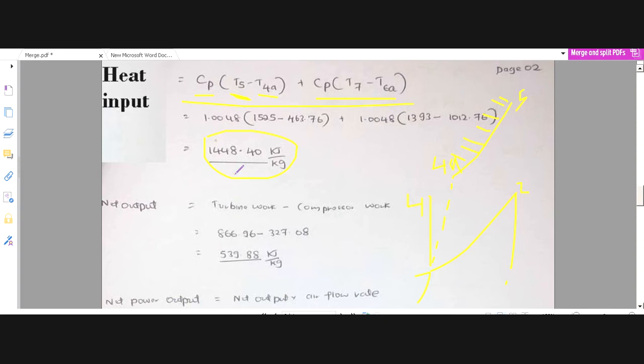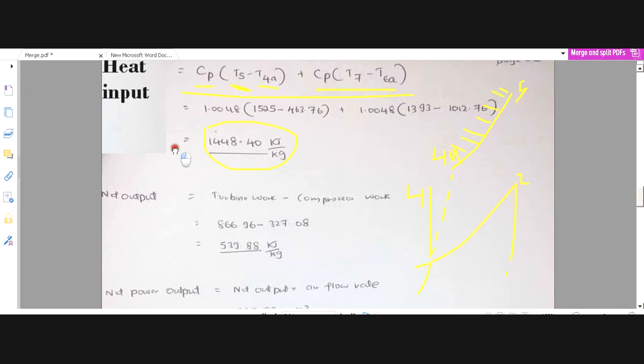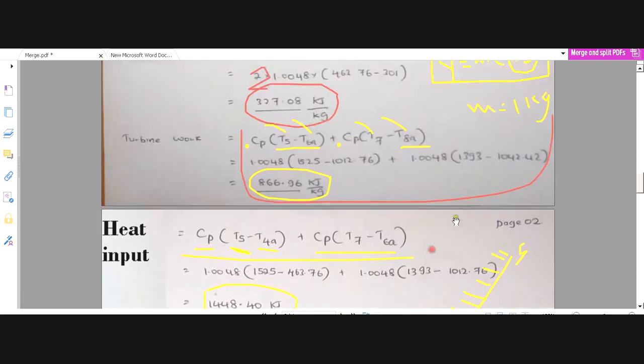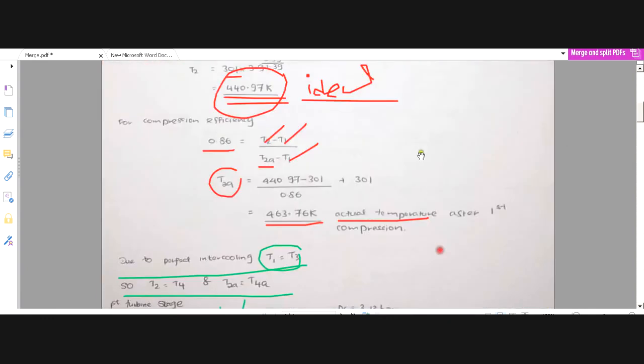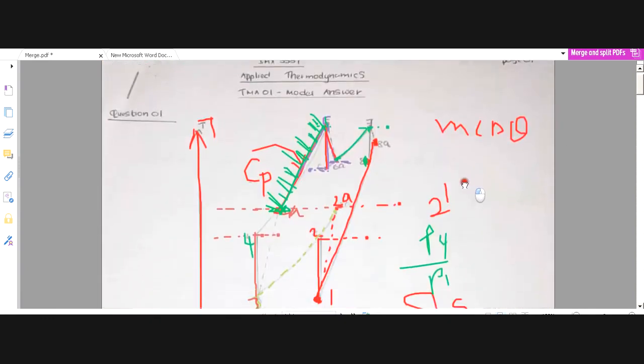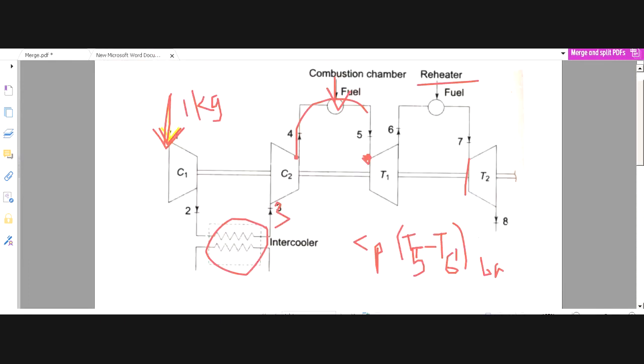Okay, so now you know how to evaluate heat input, so that is also clear, right? Do I need to teach that again? It's nothing magic, right? See, the reason here: from 4 to 5 we add some heat, then again from 6 to 7 we add some heat, right?